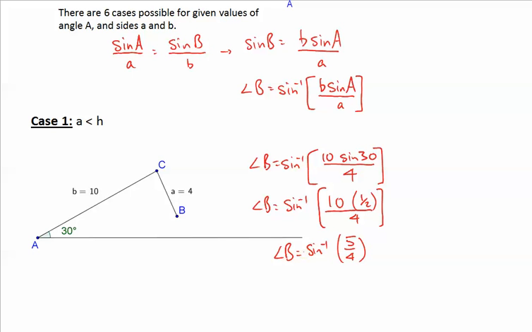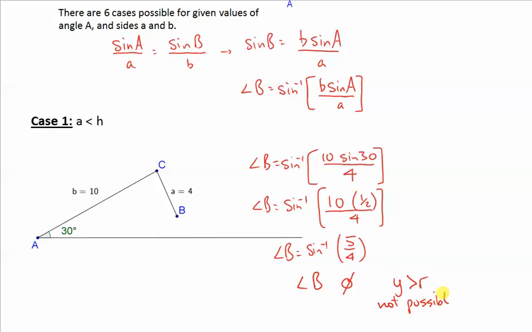Maybe you can think for a moment about what that value might be, even without a calculator. Angle B is undefined. Y is greater than R, which is not possible. You can't have an opposite side compared to a hypotenuse or radius in standard position that is bigger.